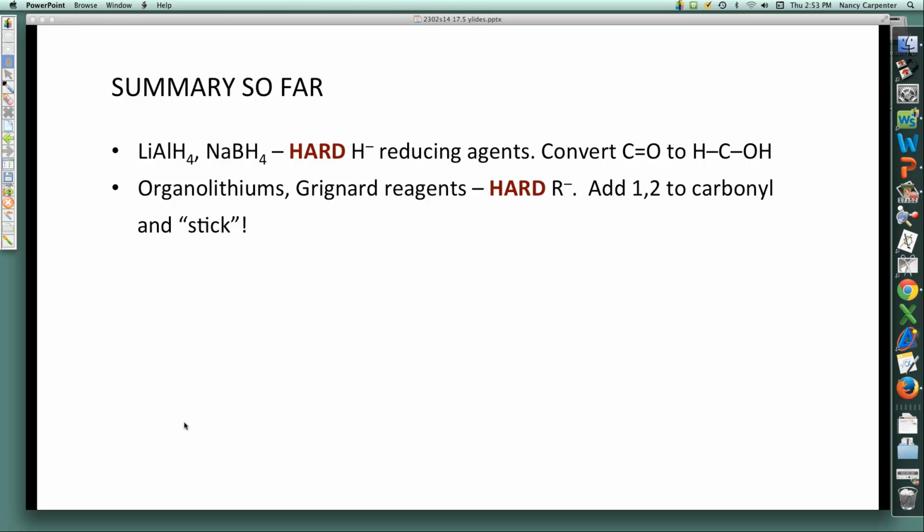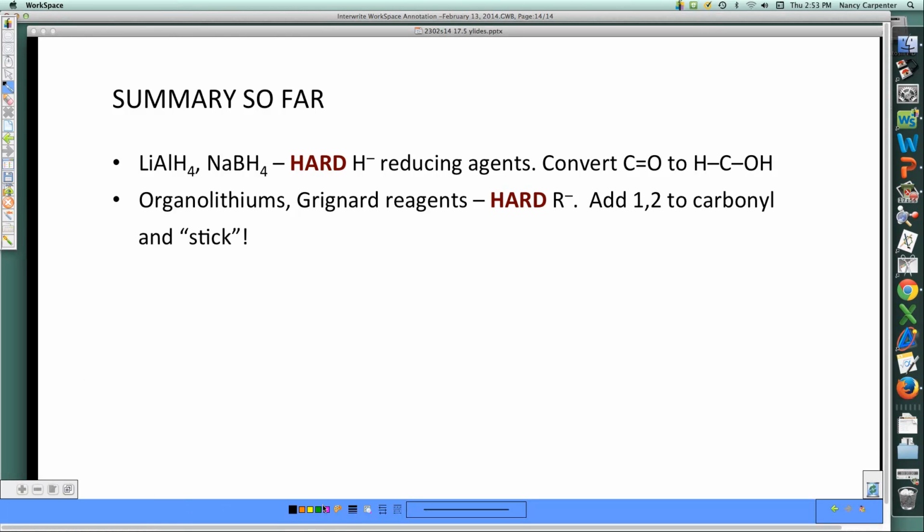They too add to the carbonyl 1,2 and they stick. So both of these are irreversible, 1,2.